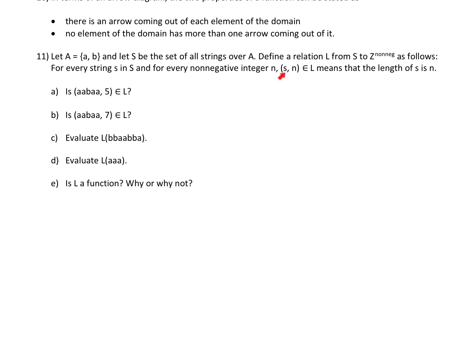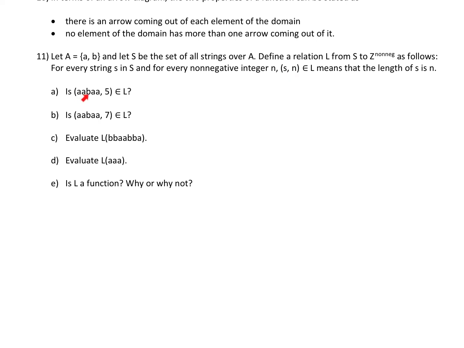So s is a string, n is a number, right? So you input an element from S, the set of all strings, and the output is a non-negative integer. So these 2 numbers paired together are part of the relation L if the length of s is n.